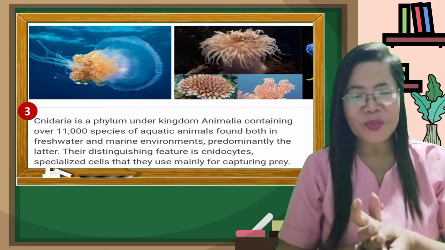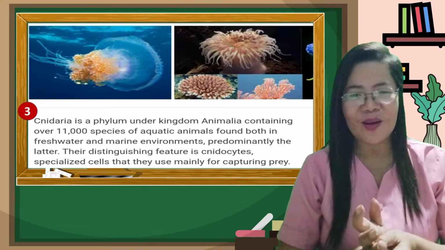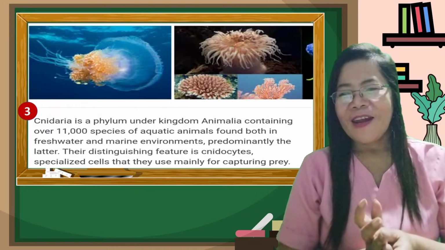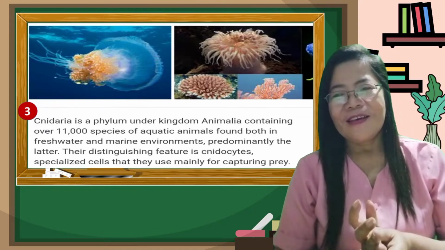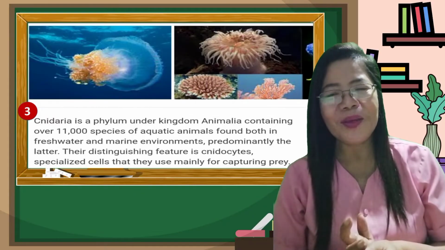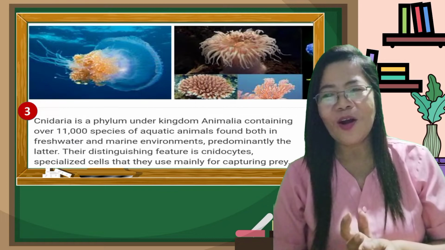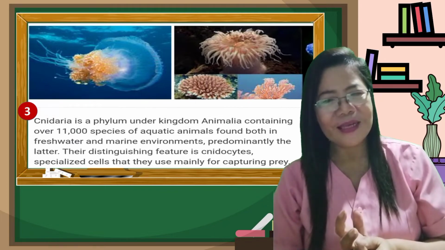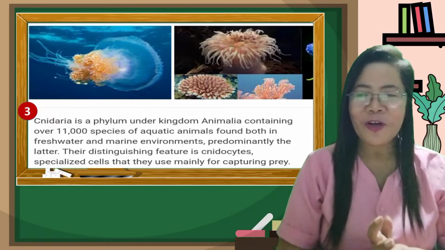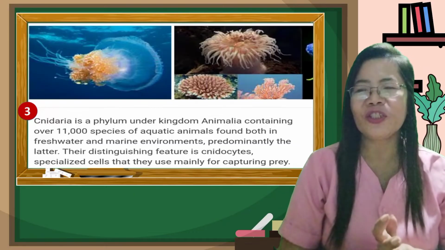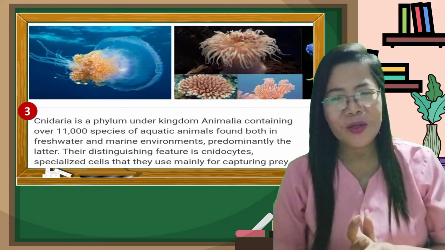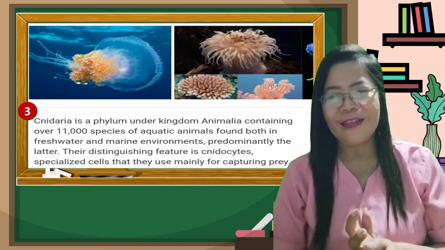Okay, the third group of invertebrates are cnidarians or cnidaria. Cnidaria is a phylum under kingdom Animalia containing over 11,000 species of aquatic animals found both in freshwater and marine environments, predominantly the latter.